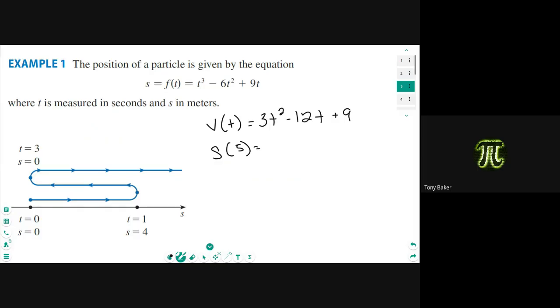Can't do this off the top of my head. 125, oh yeah, minus 150 plus 45. Yep, 20. All right, so we get 20. So it went 20 meters. Everybody agree with that?